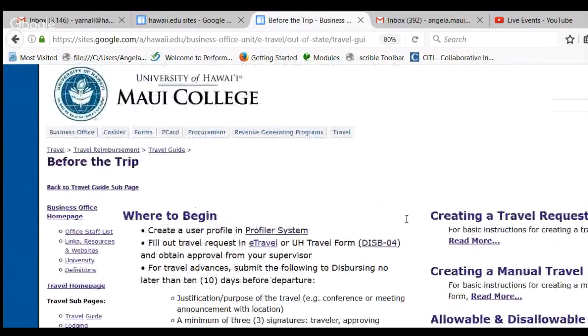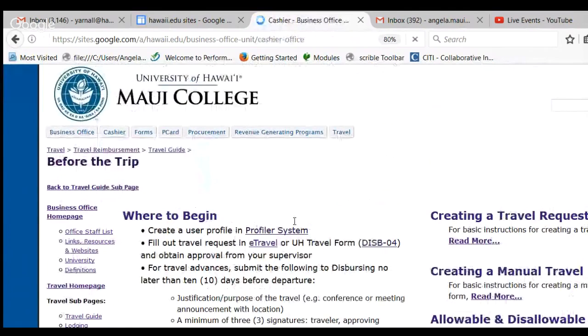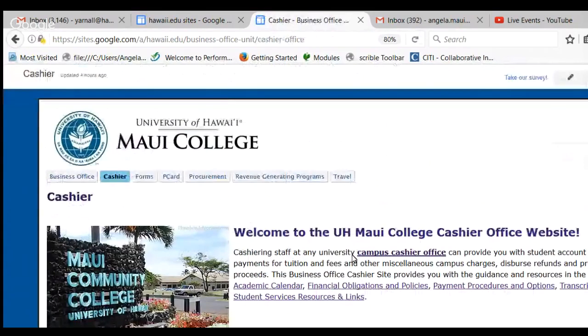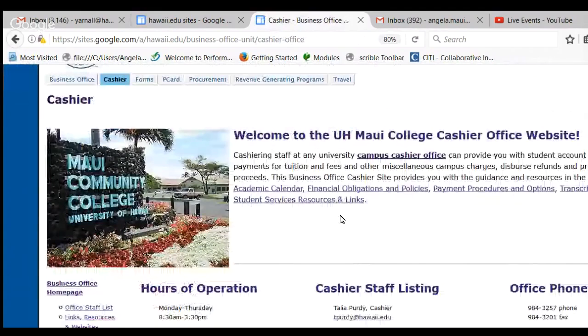Okay. So cashier, what would be cashier? Does it help that the paragraph is there? Suppliers can provide you with student account information contacts. Yes.